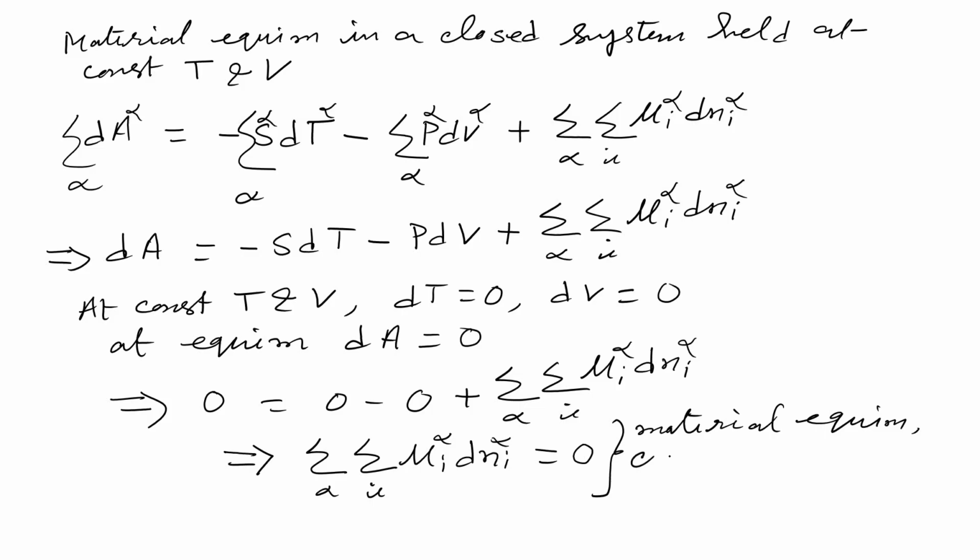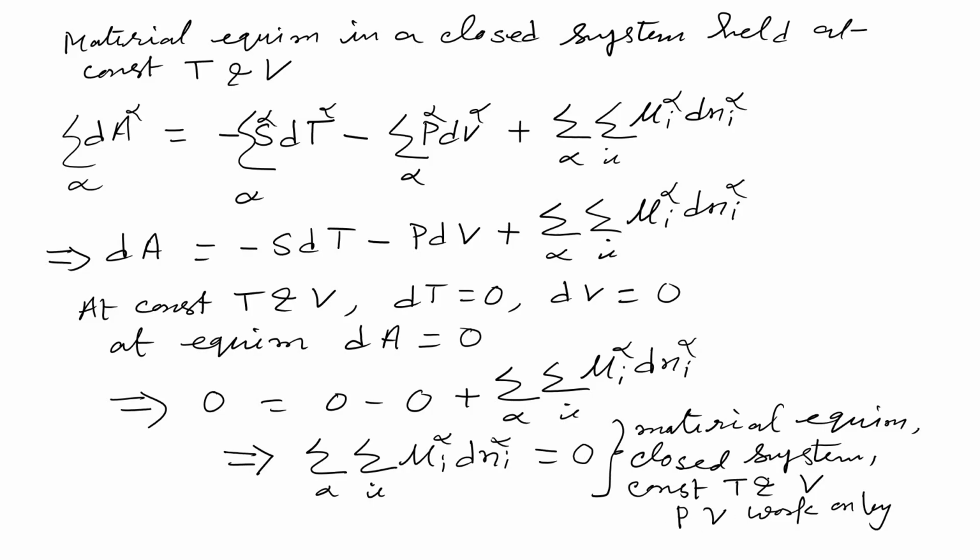Then closed system, second condition. Then constant temperature and volume, and finally PV, pressure volume work only.